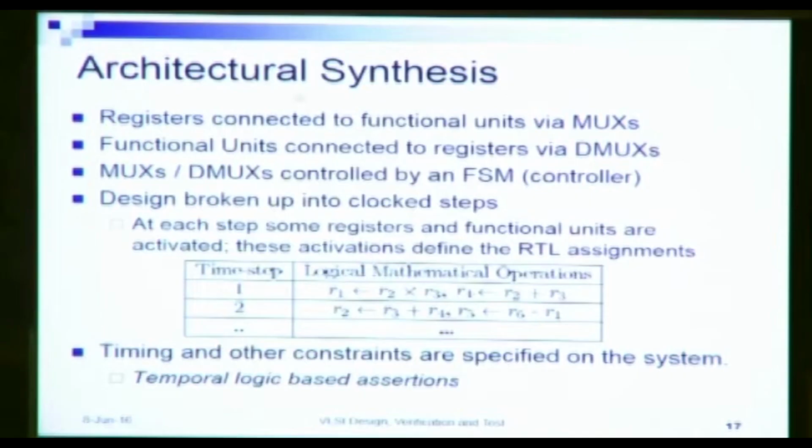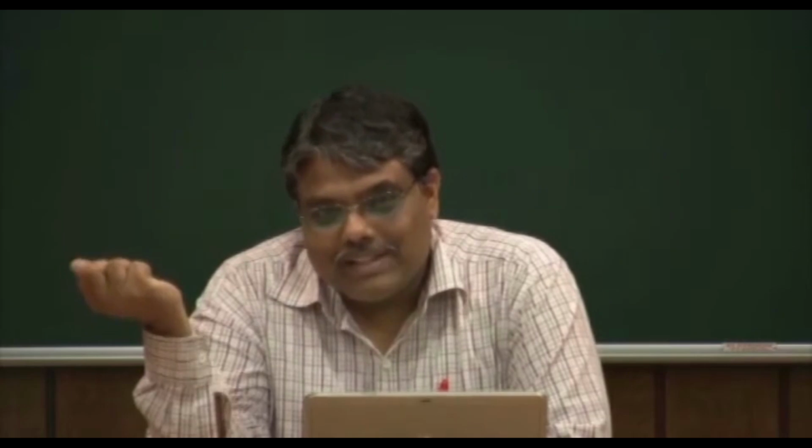So the registers, how will they be controlled? How will this controller unit control what data should pass from the register, and when, to which functional unit? How will this be controlled? The registers are connected to the functional unit via muxes. The mux is an N input, 1 output device. So therefore, what will it do?